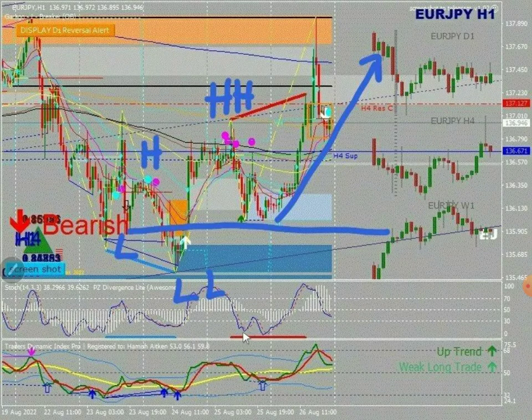Then we have stochastic oversold. So we have fair value gap zone as point of interest or reversal. So low, high, lower low, higher high, pull back, then continue, TP here.